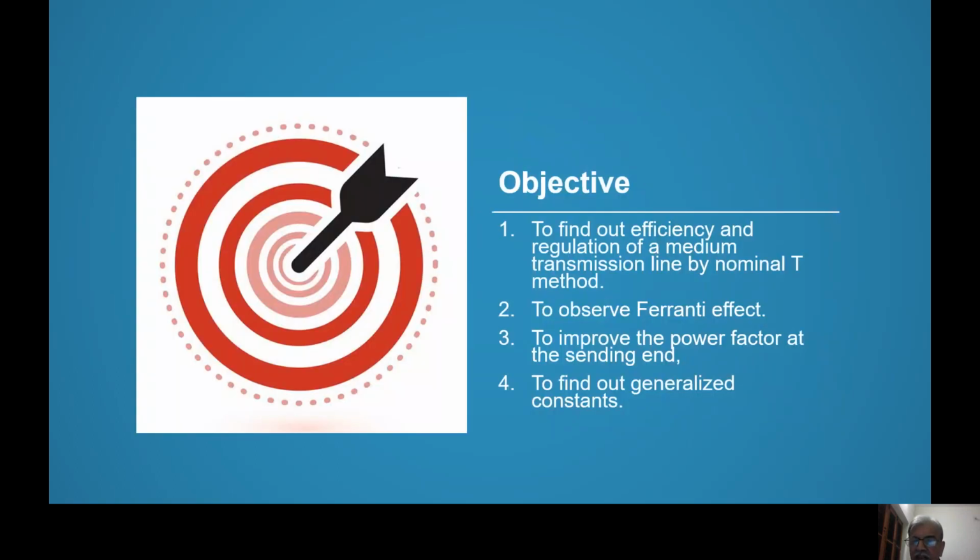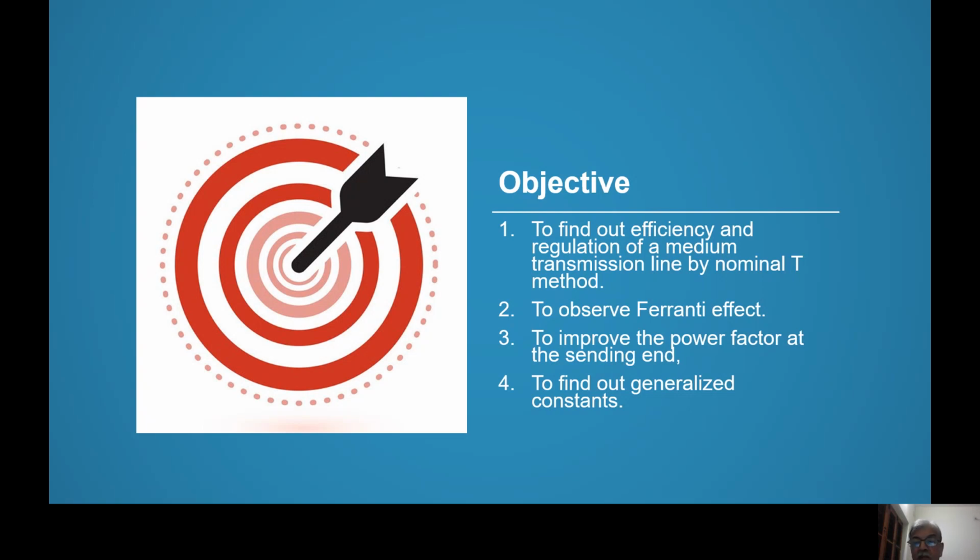The objective, once again, is the same. You have to find out the efficiency and regulation. The Ferranti effect, which is bad, you will have to find out, because you will have to solve the problem of the Ferranti effect, that is, the receiving end voltage being more than the sending end voltage when the transmission line is not loaded or lightly loaded.